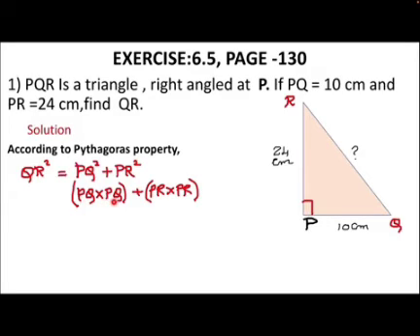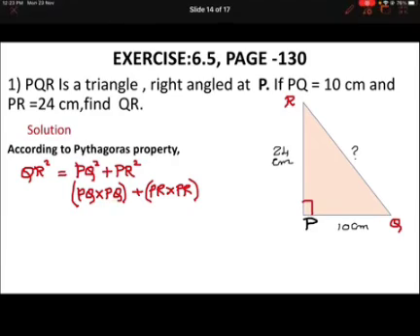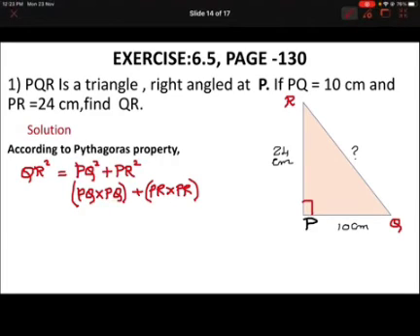But what is PQ squared? It is PQ into PQ. Let me tell you, children: if you multiply the number twice with itself, you get a square. The power becomes 2. If I multiply thrice, let's see what happens.